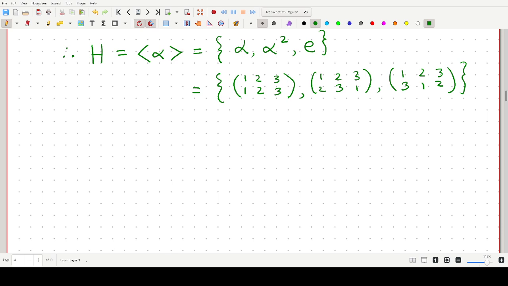Now, of course, all the properties of the subgroup are satisfied over here. So we have nothing to check anymore. This is a cyclic group.